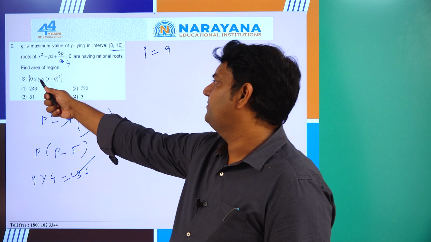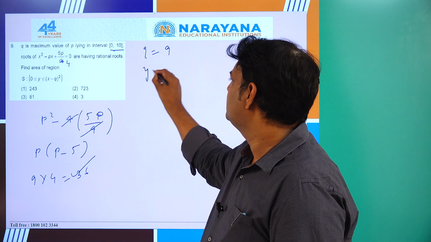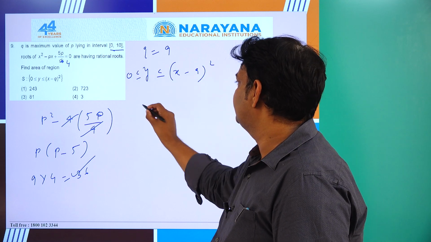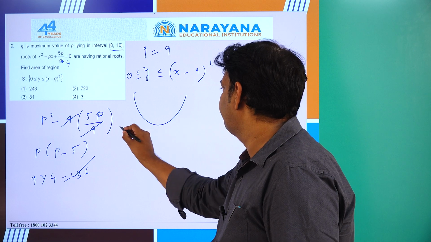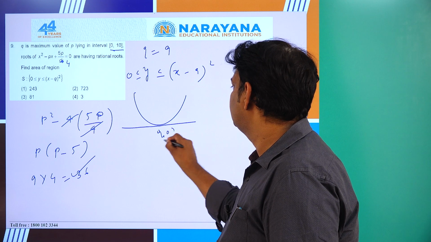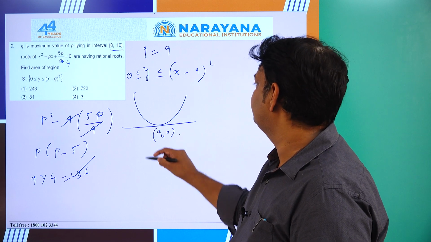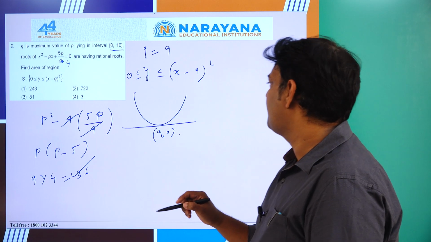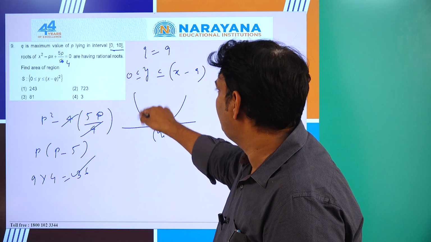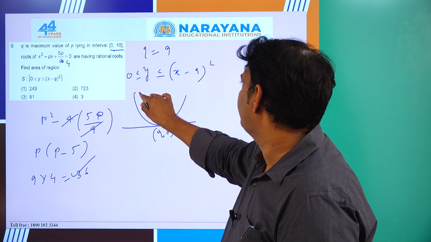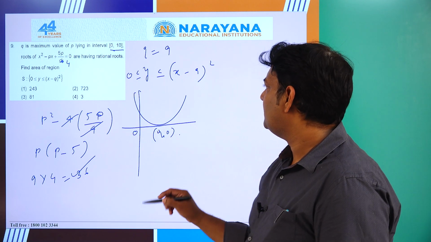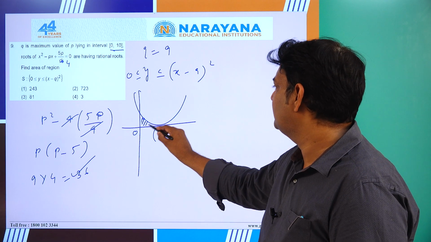Now come here. Find the area of the region bounded by y less than or equal to x minus q, which is how much? 9, whole square. Now it's a very simple problem. This is the parabola. This is 0, 9, 0. Y is varying from 0 to when y is 0. So what we need is y greater than, something like this, no? This is the area we need to calculate. It's as simple as that.